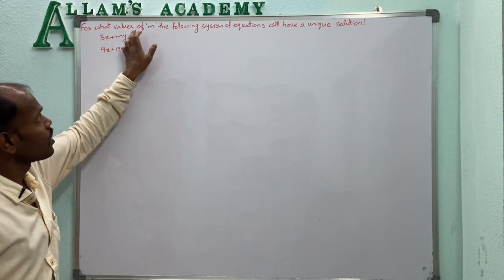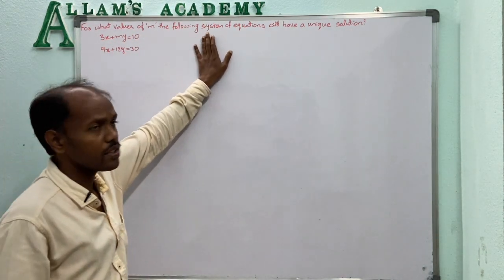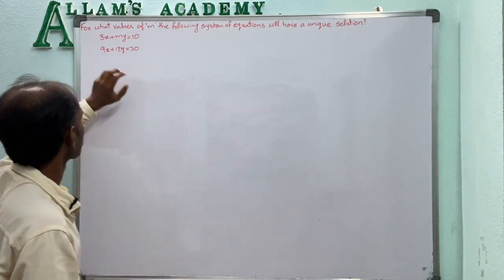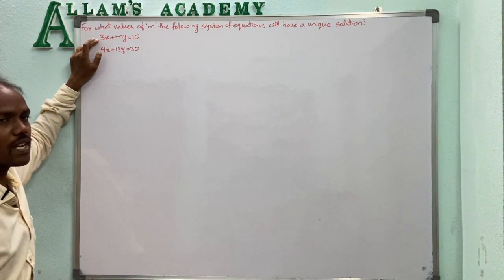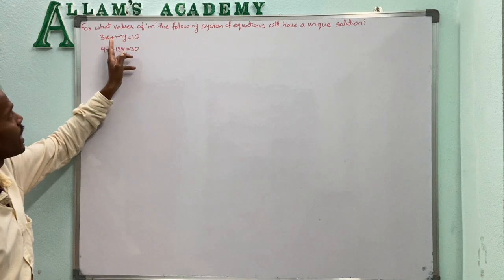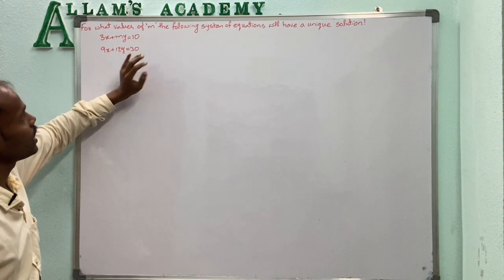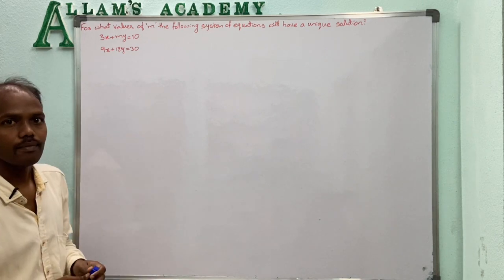For what values of m will the following system of equations have a unique solution? The pair of linear equations is given here: 3x plus my equal to 10, 9x plus 12y equal to 30.